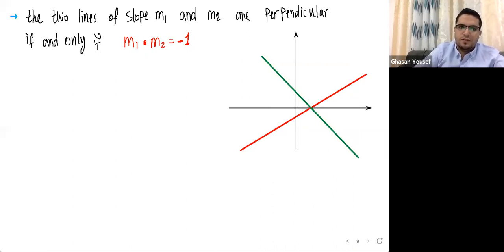So the slope of the first one is M1, and the slope for the second one is M2.